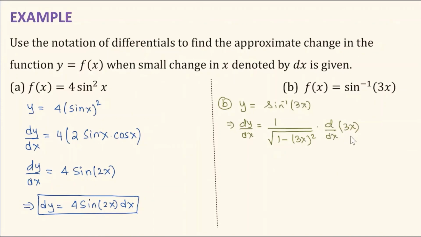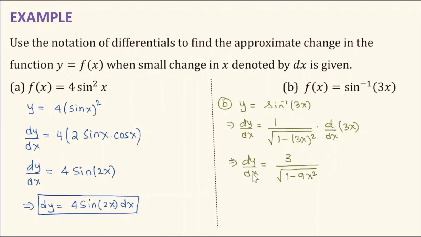So dy over dx is equal to, in the denominator, 1 minus 3x quantity squared, which is 9x squared. And in the numerator, the derivative of 3x is 3. 3 times 1 is 3. So the derivative is 3 over the square root of 1 minus 9x squared.